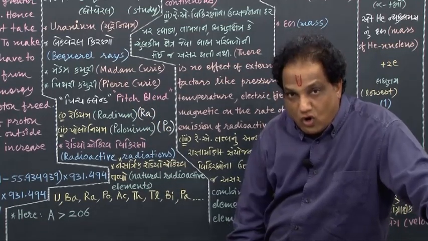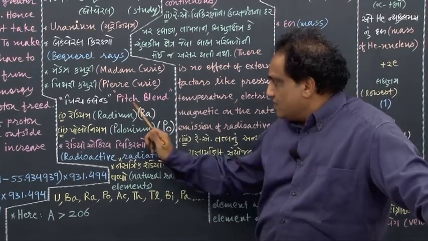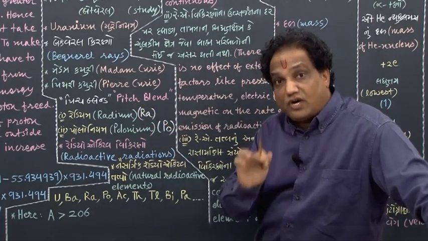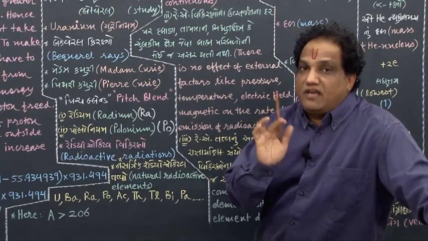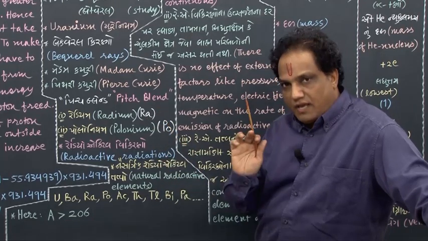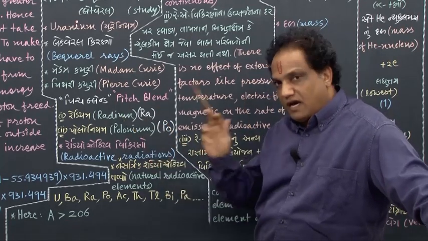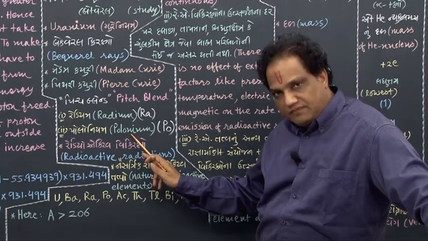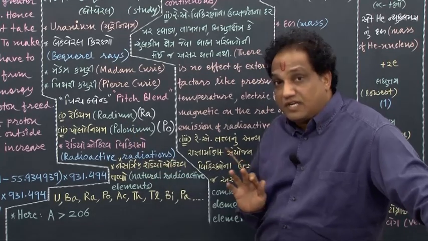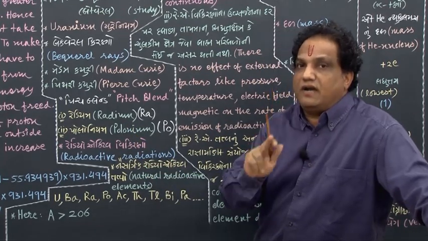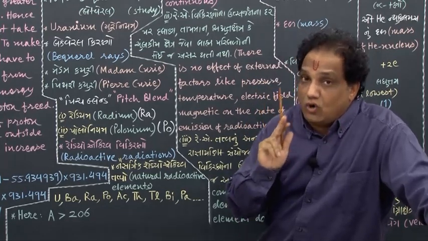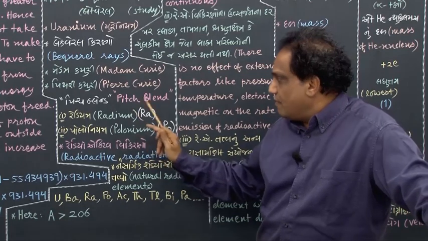They were named as radium and polonium. So these two radioactive elements were discovered by Madame Curie and her husband Pierre Curie, from the ore of uranium known as pitch blende.